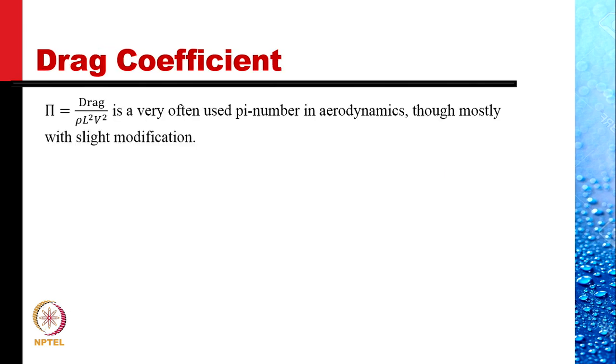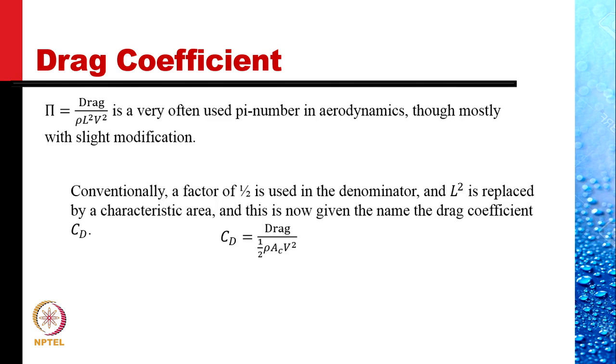The pi number drag divided by rho L square V square is a very often used pi number in aerodynamics, though mostly with slight modification. What modification? We use a factor of 1/2 in the denominator, and L square is replaced by a characteristic area, and this is now given the name drag coefficient.